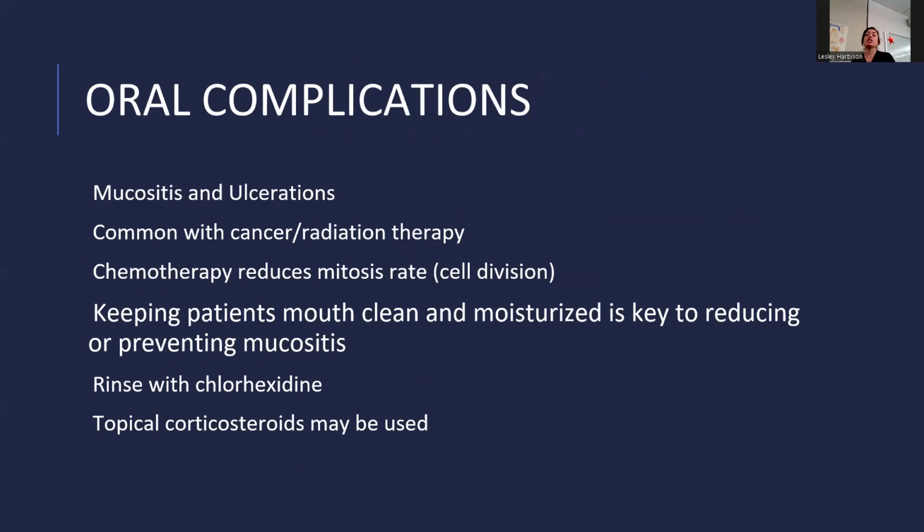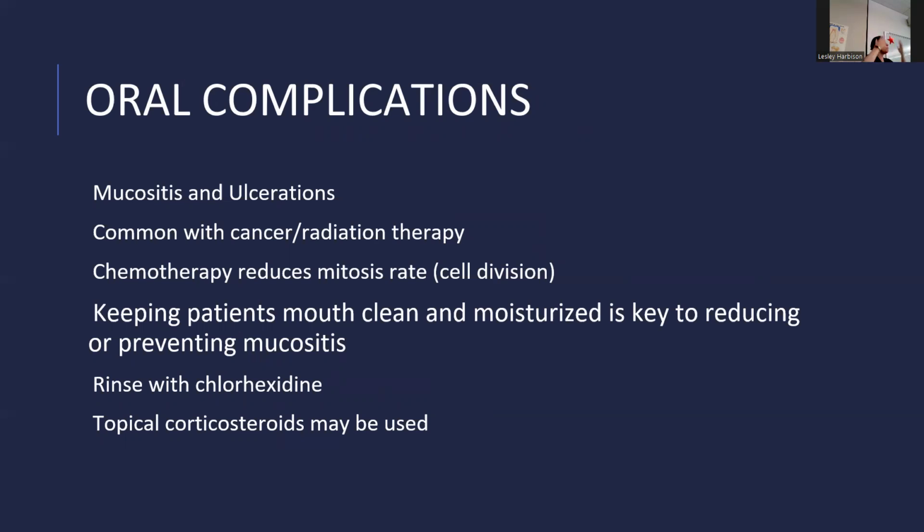Some of the complications are mucositis and ulcerations: just very fragile tissue, and an all-around inflamed oral cavity. Mucositis is common with cancer patients who have had radiation therapy. Chemotherapy reduces the mitosis, the cell division, and that's why you get this inflammation and these cell problems in the oral mucosa.